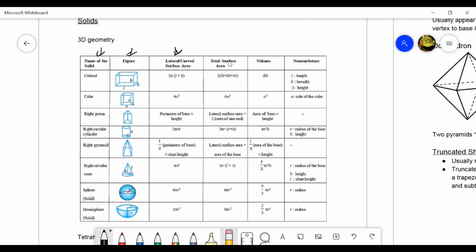Next is total surface area. This is simply adding all the areas of every single face. Not much more than that. Volume is like three-dimensional area, or you can think of it as all the points just inside of the figure. And this last one, called nomenclature, literally just means what the variables in the figure represent for that shape.